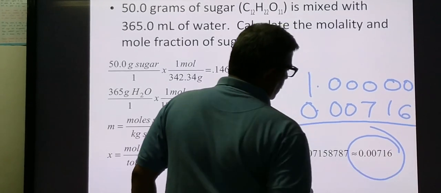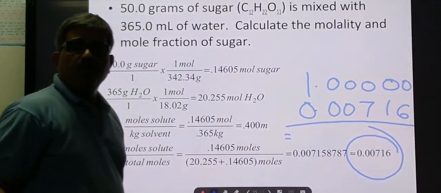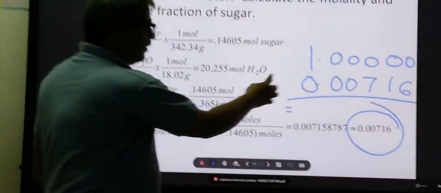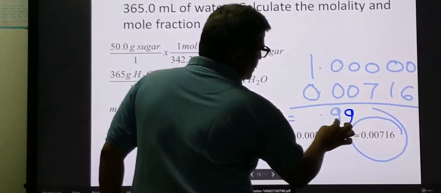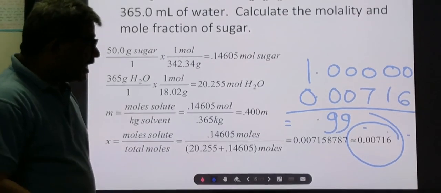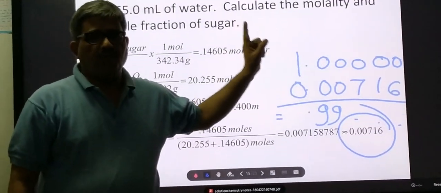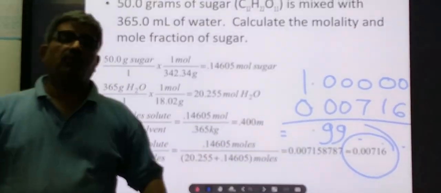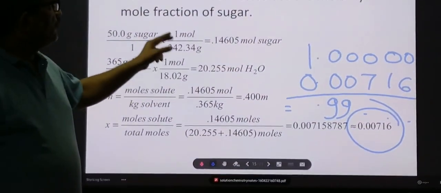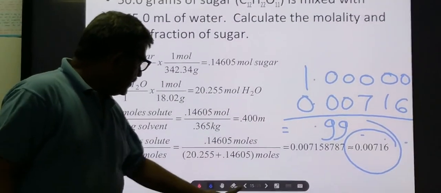If you deduct this, whatever value you get will be the mole fraction of solvent. Can you guess how much it would be? Without going into much detail, I shall write 0.99 something. That means the sum of mole fractions of all the components present in the solution is equal to 1. But here I have only two components, so I have done it like this. You are getting it? Yes.